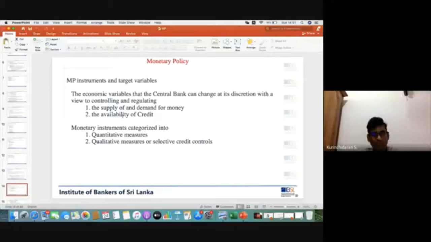Now we know what monetary policy is. The monetary policy instruments and target variables, we are going to look into that next.